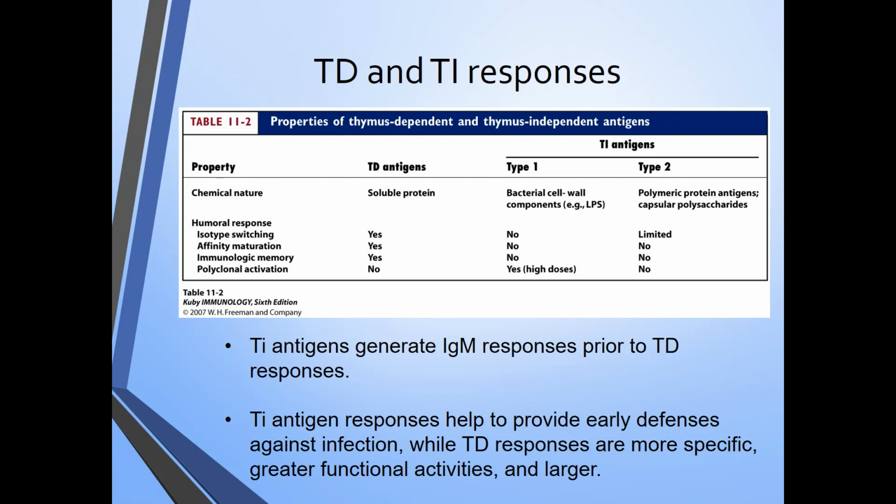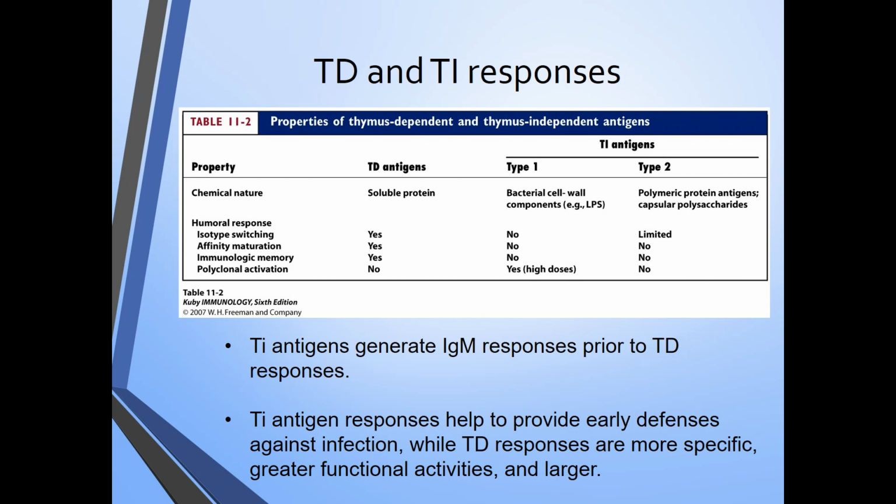You don't get isotype switching, you don't get affinity maturation, you don't get memory. However, at high doses, you can get polyclonal activation with the type 1 TI antigens. With TI2 antigens, you can get limited isotype switching, but it's not characteristic. You won't get affinity maturation or immunologic memory, and it will not activate B cells through polyclonal activation.